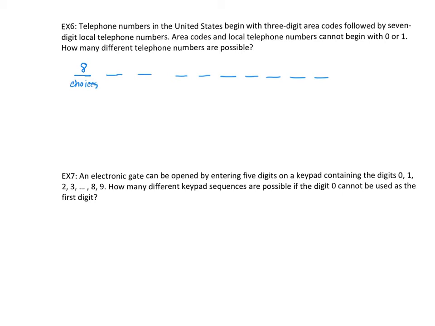Just to review the digits that we're looking at: 0, 1, 2, 3, 4, 5, 6, 7, 8, and 9. There's 10 digits. So I have 8 to choose from for the first number in my area code. But then for the remaining numbers in the area code, I have 10 choices.